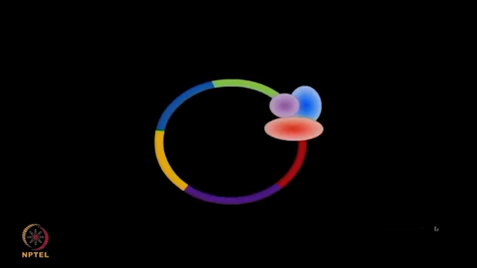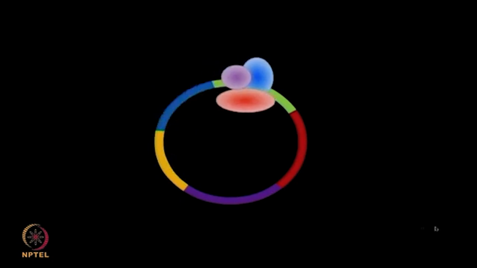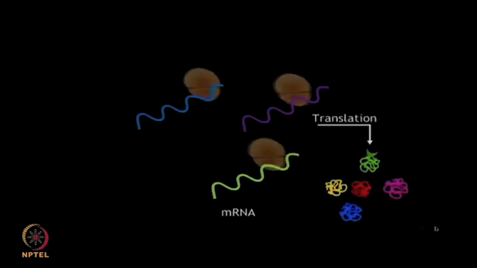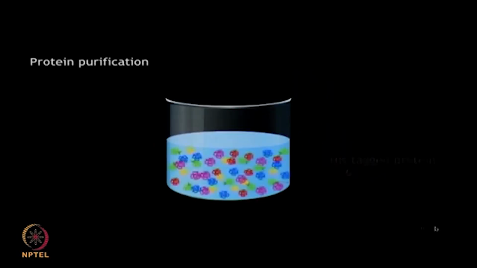The host cell machinery is used for transcription and translation, which results in a mixture of proteins consisting of the target proteins along with other host proteins. Since the protein of interest is expressed along with other proteins native to the host, it is essential to purify the target proteins before it can be used for protein microarray application.